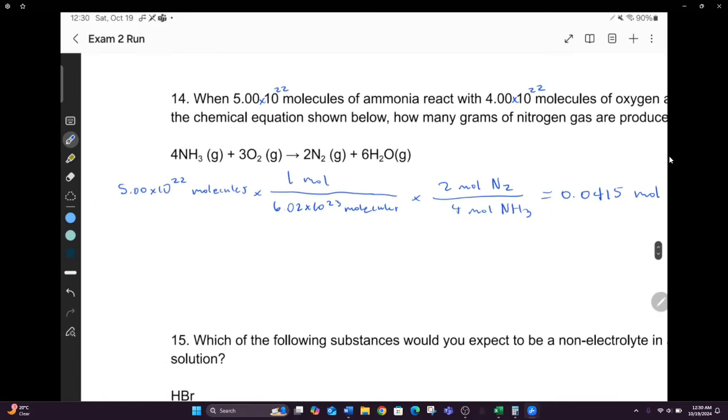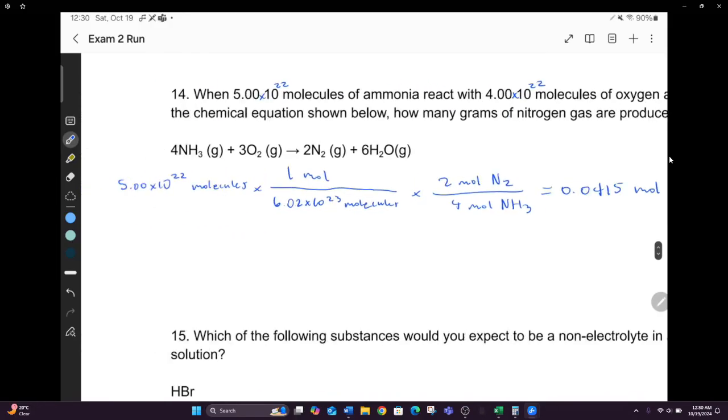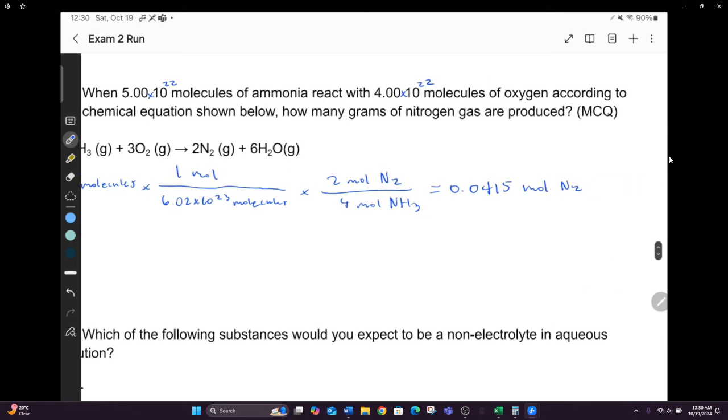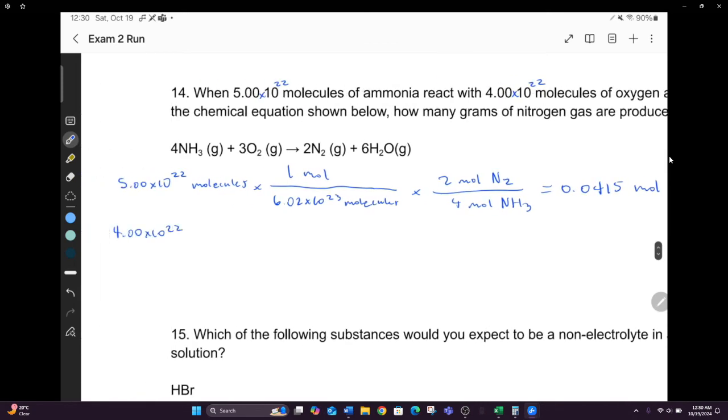We're going to do the same thing for our oxygen. So 4.00 times 10 to the 22 molecules, 6.02 times 10 to the 23 molecules, 1 mole.